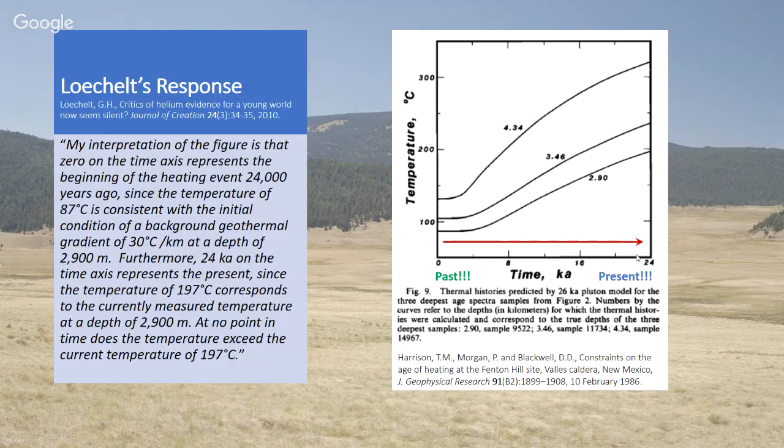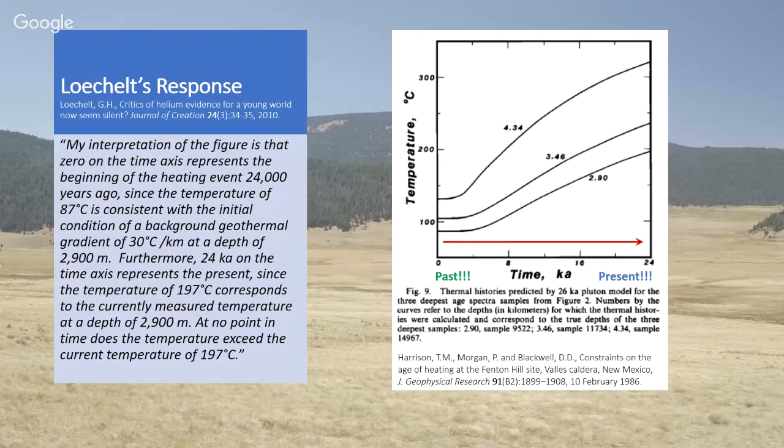This is my interpretation of the graph. I interpret the arrow of time pointing the opposite direction. I basically claim Humphreys read the graph backwards, and here's why. Because if you look at the text of the paper by Harrison, Morgan, and Blackwell, they said that in the beginning of their model, they had a geothermal gradient of 30 degrees C per kilometer.